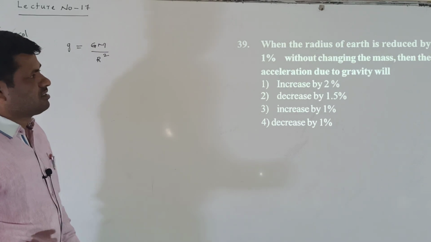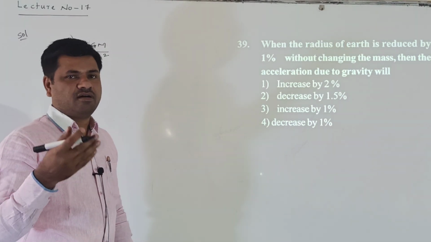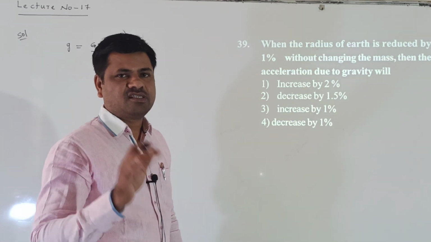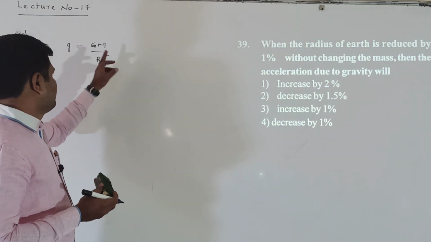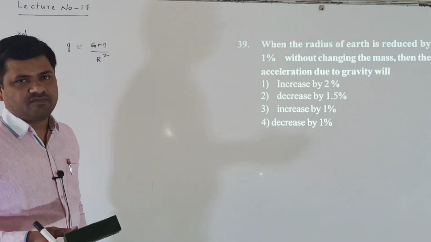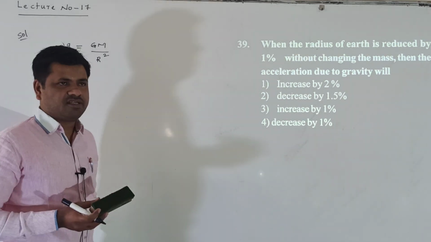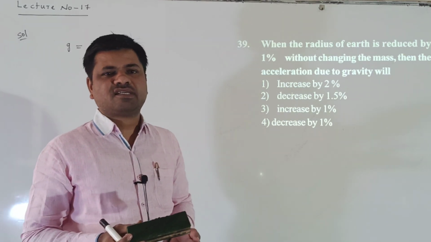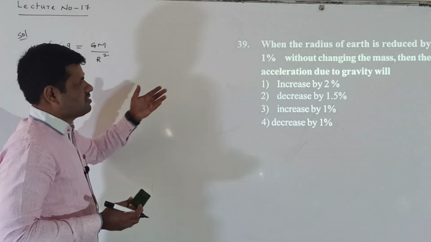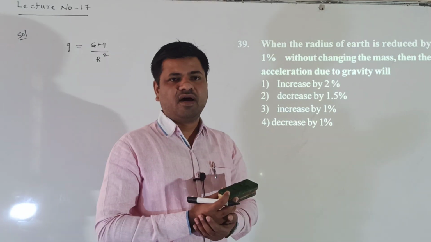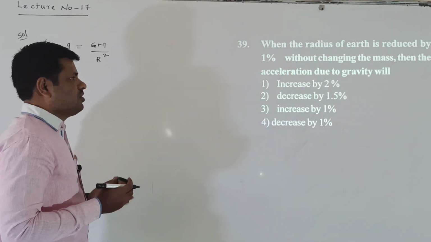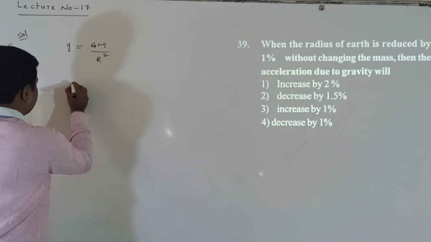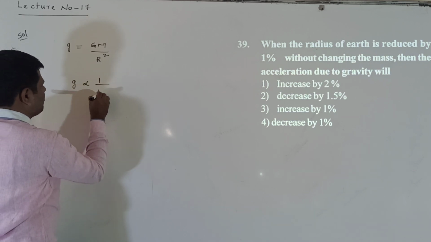M is the mass of the earth, which is also constant; that value we already know. Small g is called acceleration due to gravity. Both are constants, G constant and M constant, so from this we write g is proportional to 1 by R square.